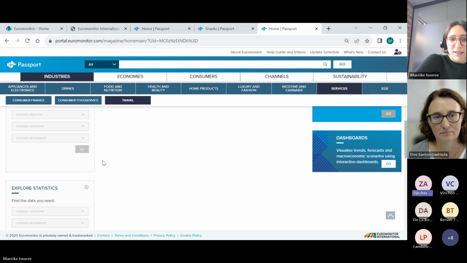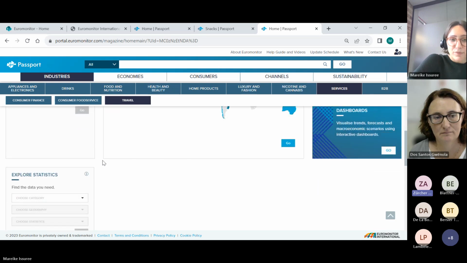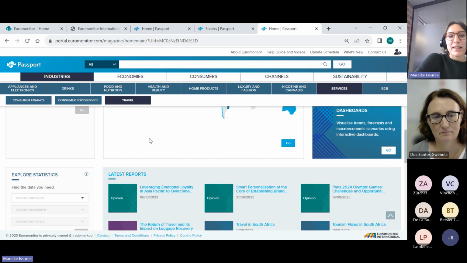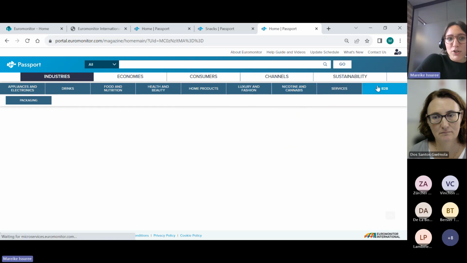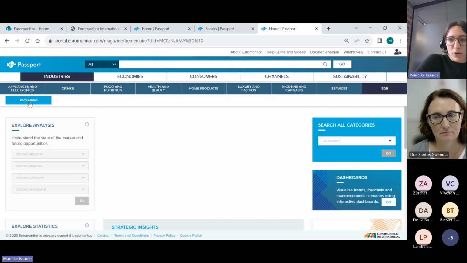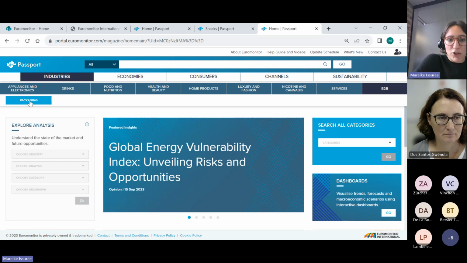Yes, more or less. I was looking specifically for IT services, I guess. So more B2B than B2C. Ah, okay. The focus on all of these industries is B2C, whereas there's just one packaging option which is B2B, focusing on the types of packaging used and the sales of different types of packaging across different markets.